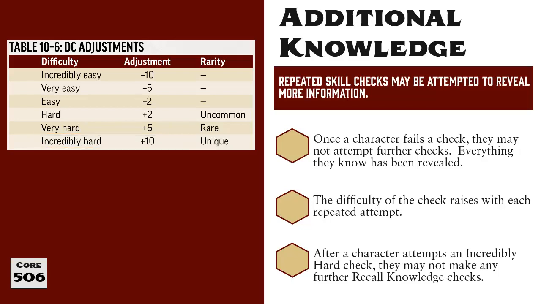And note that if the character is using a lore skill, then they start at either easy or very easy on this chart. This is where that -2 or -5 reduction to DC I previously mentioned comes from, which means you have more potential checks that can be made with lore skills, as it will take a person starting at very easy 6 recall knowledge actions to max out their knowledge of a creature versus 4 attempts when using a general knowledge skill and standard DC.